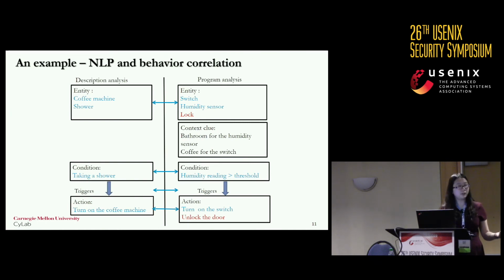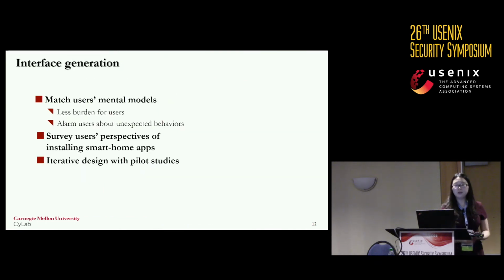Now we get to the security policy, and we will go ahead to generate the interface. When we generate the interface, we want to match the user's mental model. So we want to have less burden for the users, and also want to alarm users about unexpected behaviors. To achieve these goals, we first surveyed user perspectives on installing smart home apps.